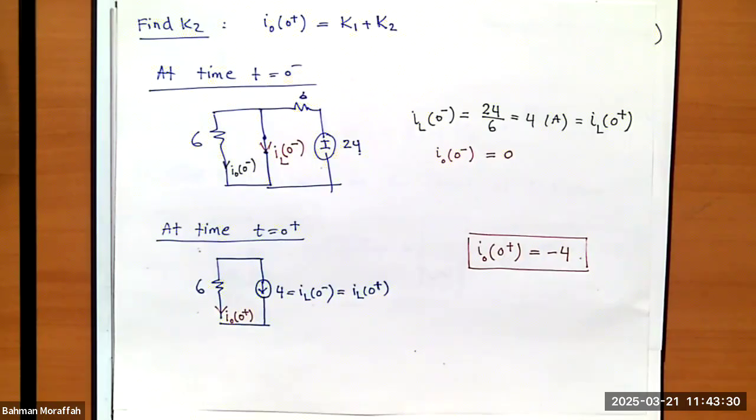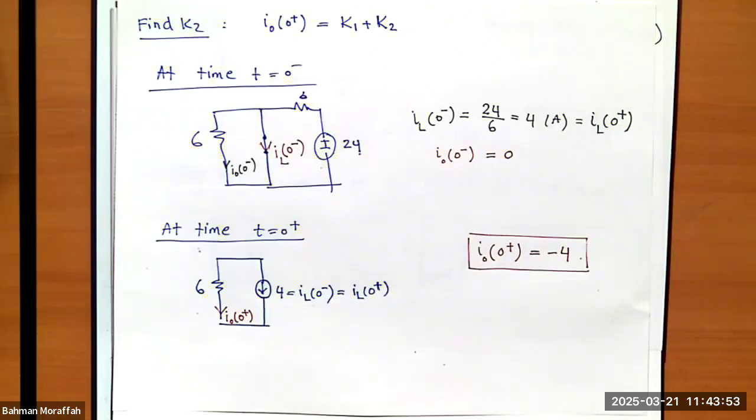Do you see what's happening here? I naught at 0 negative is 0. I naught at 0 plus is negative 4. You see the discrepancy? You see it's not actually continuous? So if I wanted to write down a differential equation, I couldn't use that. But the good news is, right now I know I naught at 0 plus.